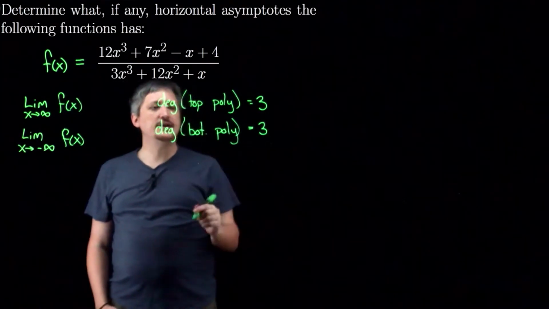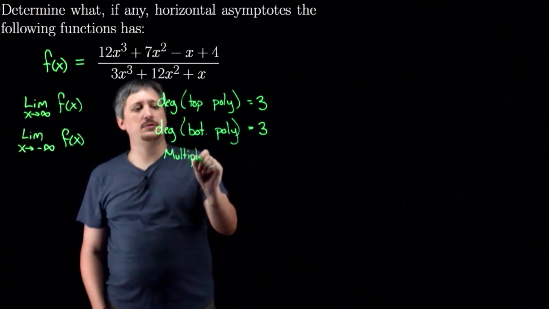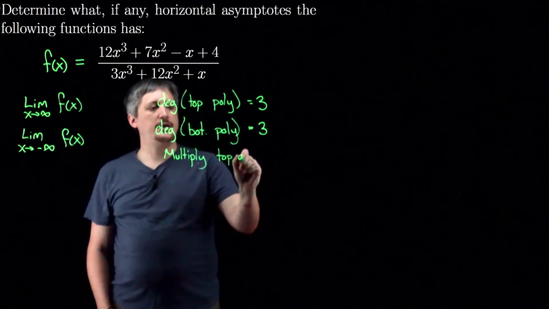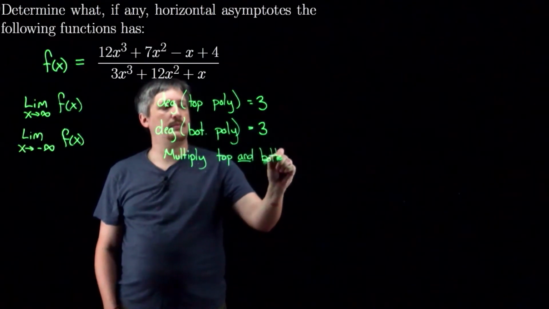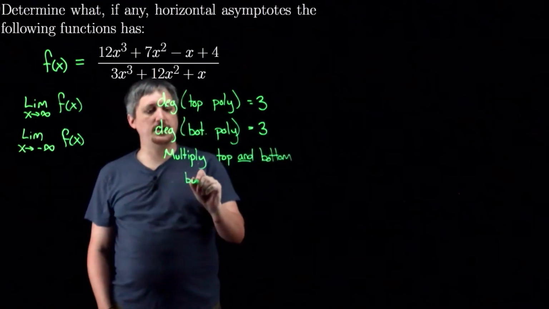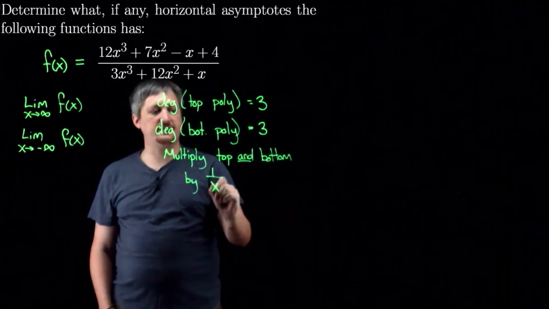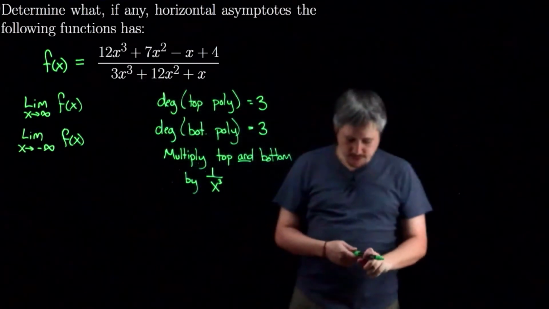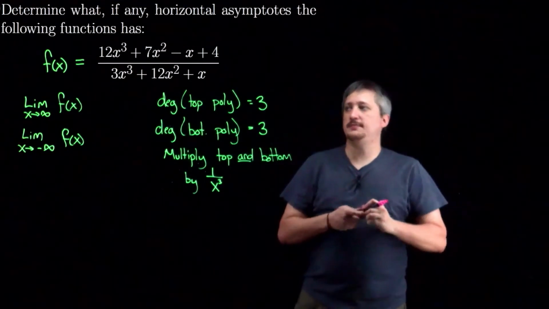So since that's 3, I'm going to multiply the top and bottom by 1 over x to that power, x to the 3. Okay? So let's see what happens. I'm going to take my f of x.